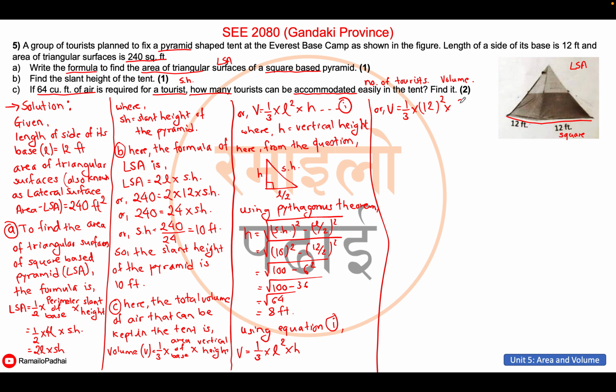The height is 8, so we will get 1 upon 3 times 144 into 8, so that will be 384 cubic feet, that is feet cube. Okay, so this is the volume of air that can be kept inside of the tent.